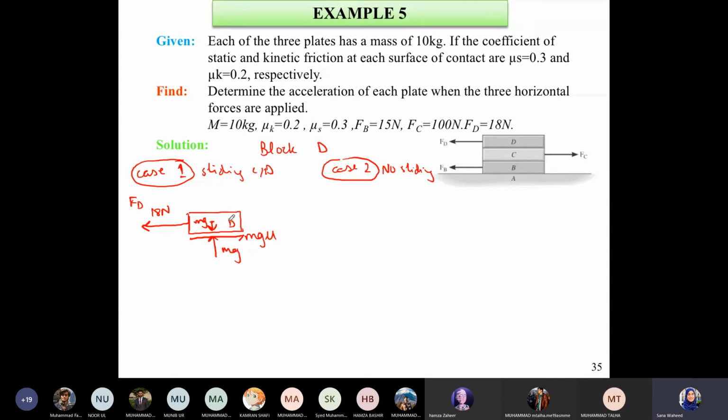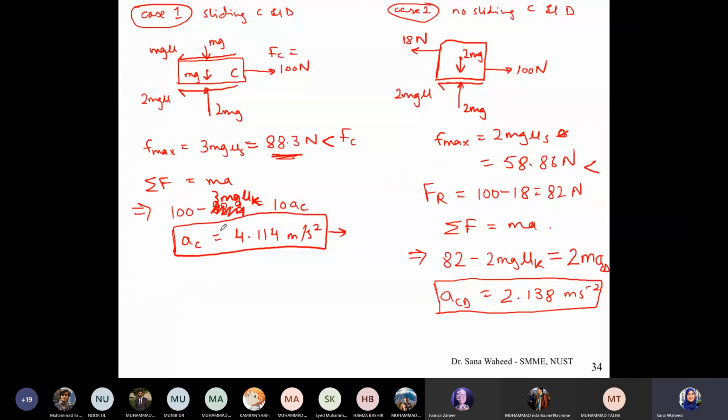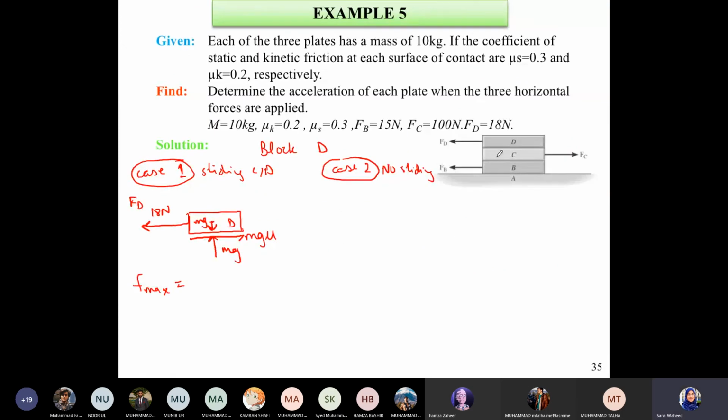Perfect. Okay. So what is F max in this case? Friction max. Friction max is अगर sliding हो रही है already, मतलब ये कि अगर C already move कर रहा है, तो इस केस में I don't even think मुझे mu s नहीं लगाना चाहिए, मुझे सीधा ही क्या लगाना चाहिए? mu k लगाना चाहिए. तो वो slide कर रहे हैं.